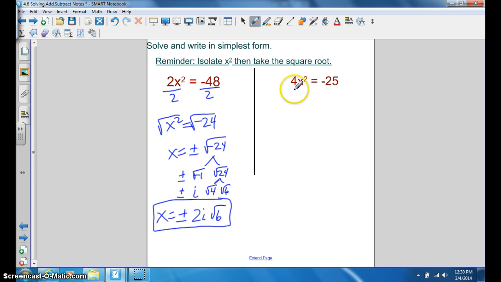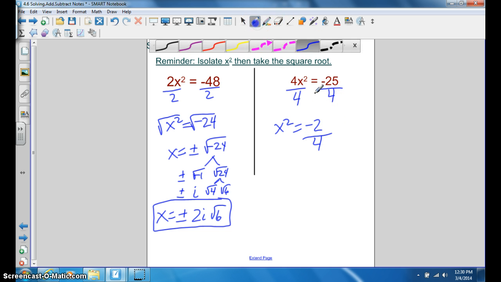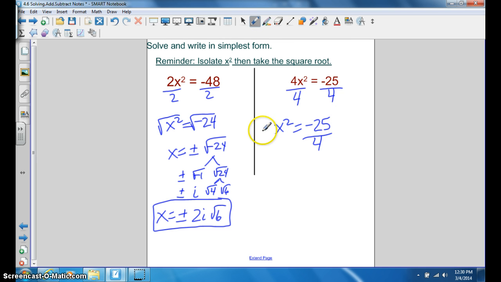For our next one, we have to divide each side by 4. When we do that, we're left with x squared equals negative 25 over 4. We've isolated x squared, so now we take the square root of each side.